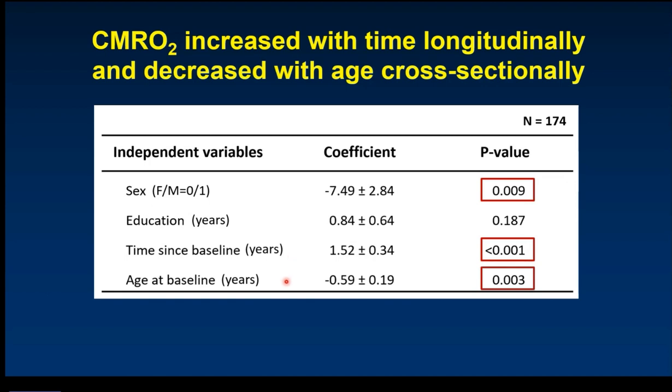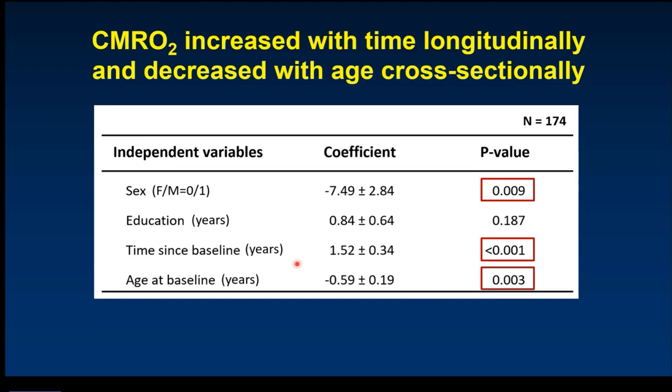But we found that the CMRO2 also decreased with age cross-sectionally. That might show that the brain might run out of compensatory capacity and shows the signs of neurodegeneration.